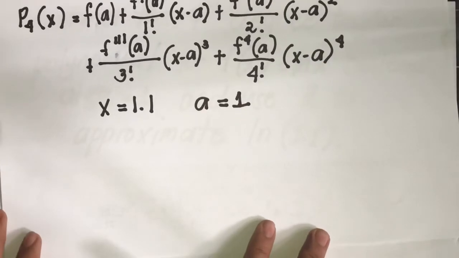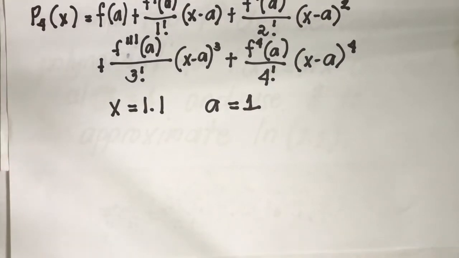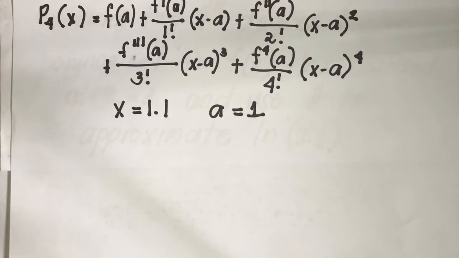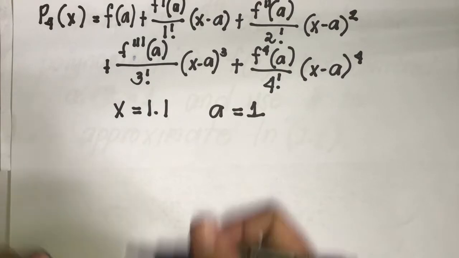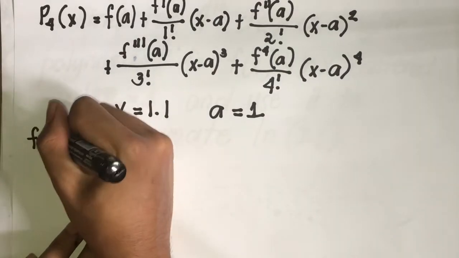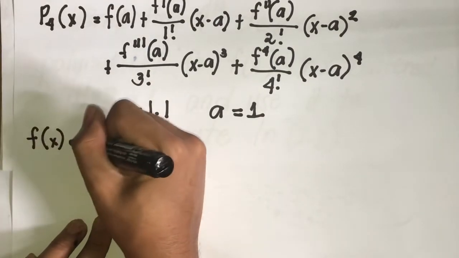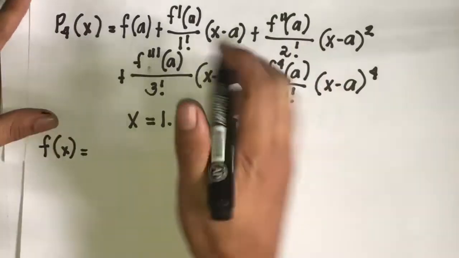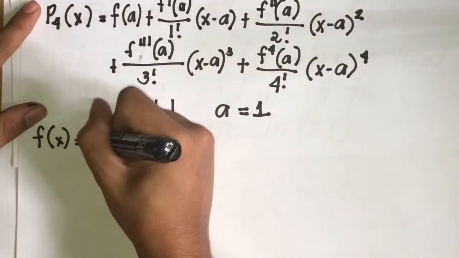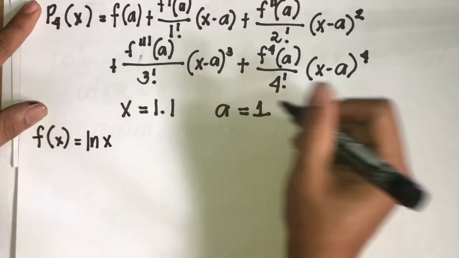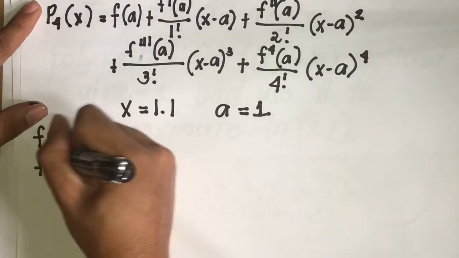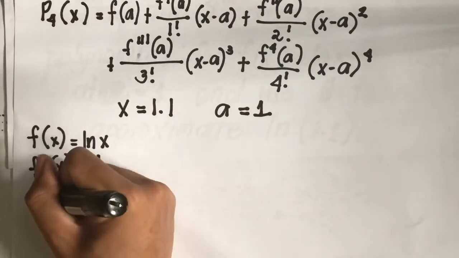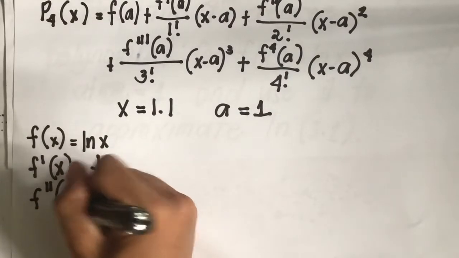So let's now proceed to finding our values for the first derivative, second derivative, third derivative, and fourth derivative. Given our function equal to ln x, let me write it down here. Our first derivative is equal to 1 over x.